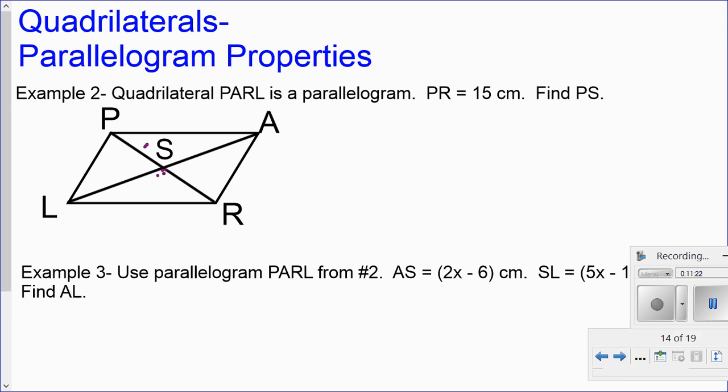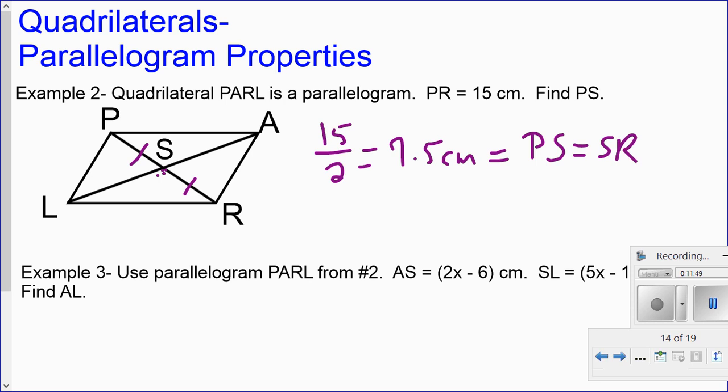So segment PS and segment SR are congruent. I'm just going to take PR and divide it in half. Well, 15 halves is equal to 7.5, and these are centimeters. So that's the length of PS, which is also the same as SR. I was supposed to find PS, though.